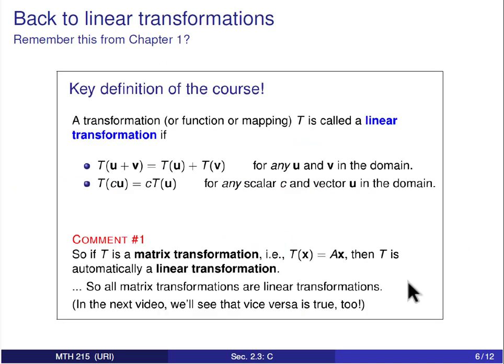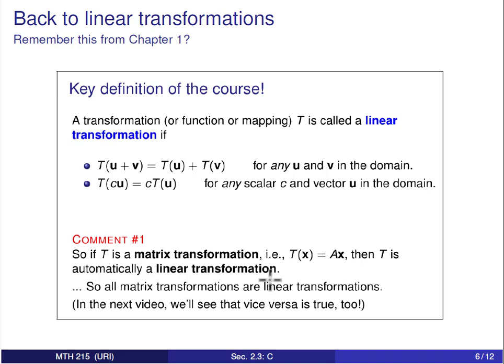So now let's go back and remember a few things about linear transformations. We saw this at the very end of chapter 1. You'll remember that a linear transformation was defined as a function that satisfies these two properties. And back at the end of chapter 1, we concluded that when you take a matrix multiplied by a vector, if that is your function, T of x is equal to Ax, then T turns out to be a linear transformation.